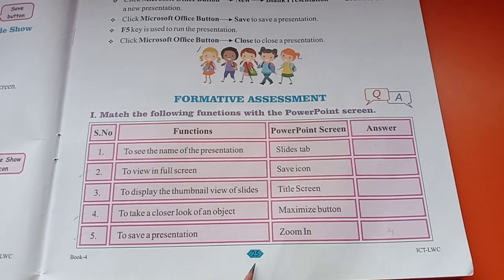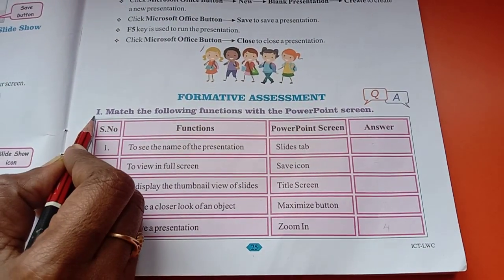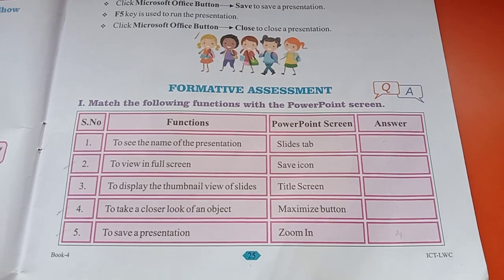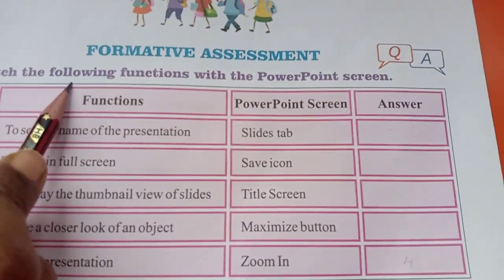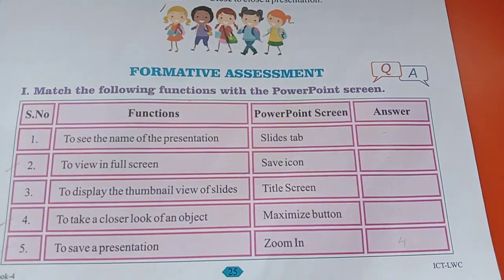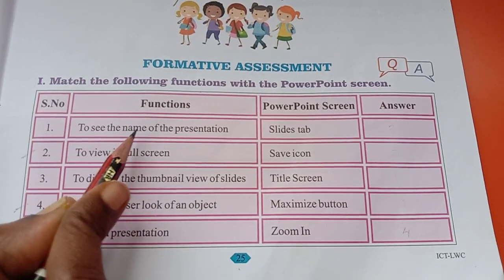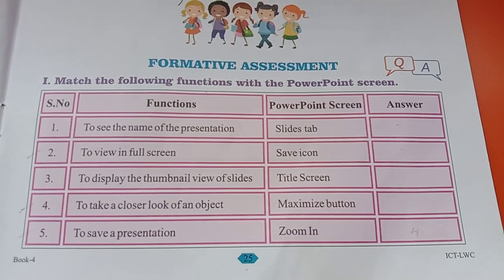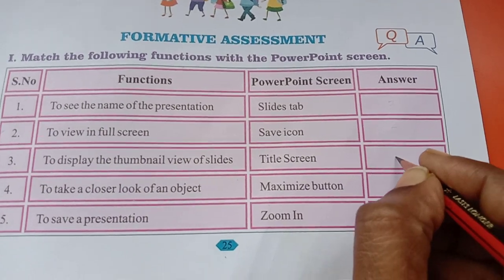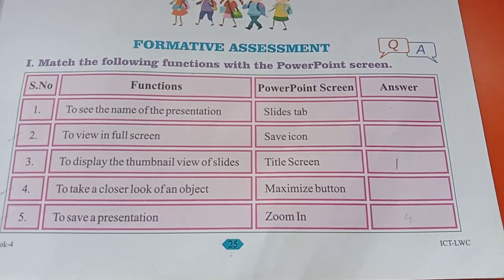Now take page number 25, children. Now we are going to do our exercise part. See here, match the following functions with the PowerPoint screen. To see the name of the presentation, what do we need? The title screen, right? Mark 1 next to the title screen.